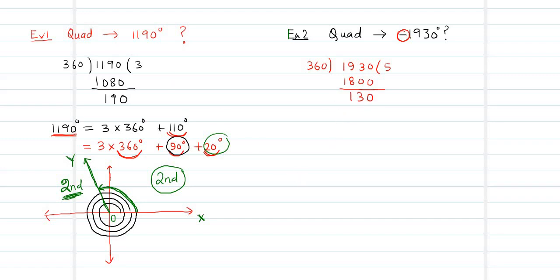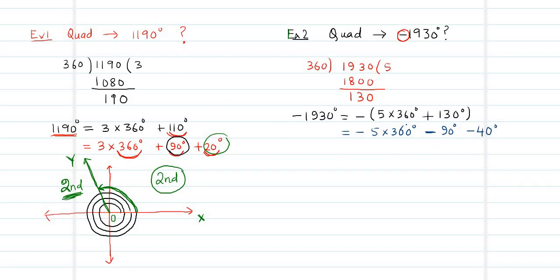As a result, we can write minus 1930 degree equal to 5 times 360 degree and 130 degree. That is the same as 5 times 360 degree, then 90 degree, then 40 degree.